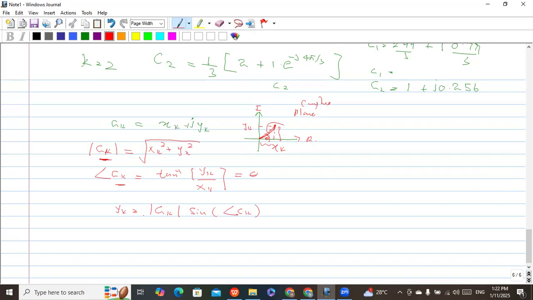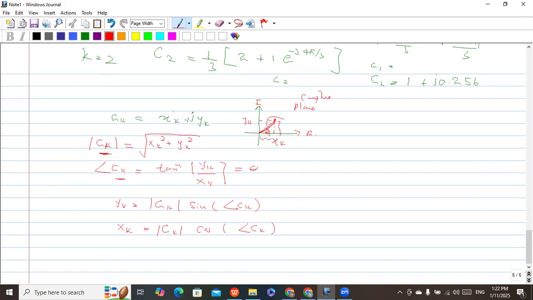And xk, if this is r, will be r cos theta, so the magnitude of Ck times cos theta. Then you can write the same Ck, the complex number, as the magnitude of Ck cos phase of Ck plus j magnitude of Ck sine phase of Ck.